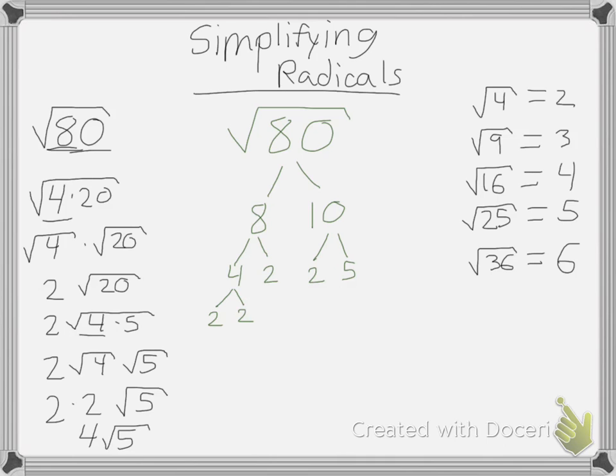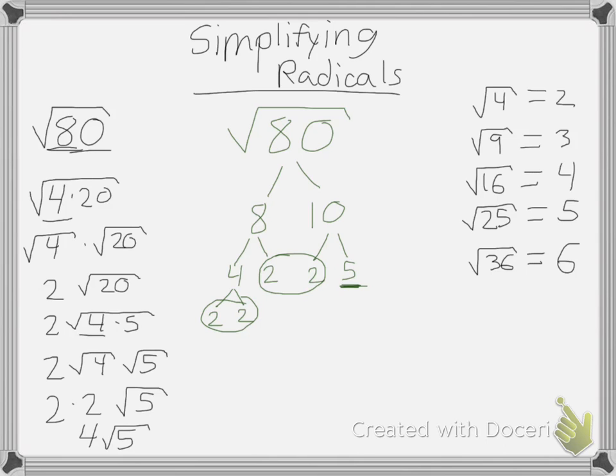And I'm going to look for pairs because when I pulled out the 4, it was just a pair of 2 times 2. So if I circle all of the pairs that I have in here, and that's all the pairs I have, this poor little lonely 5 doesn't have any pairs to combine with. And I can pull out one of each pair outside of the square root.